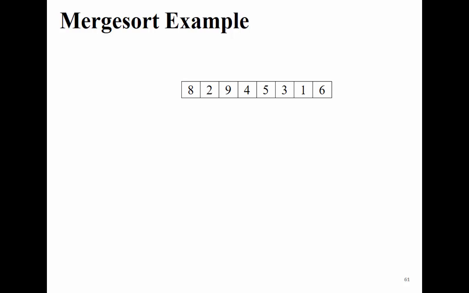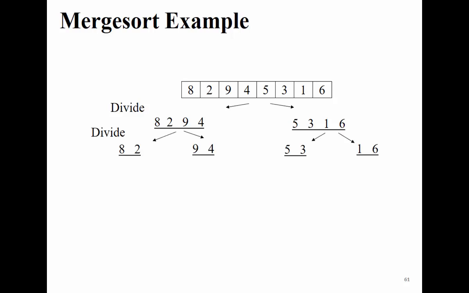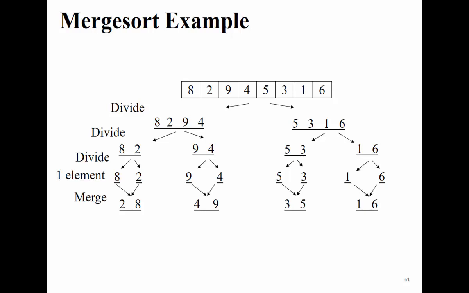This is another example of merge sort. In the first iteration, you receive the array and divide it in halves. You keep dividing until you reach the 1 element. This is the base case. Now you reach the base case. The next iteration is sorting. So you sort 2 and 8, 4 and 6, 5 and 3, 1 and 6.